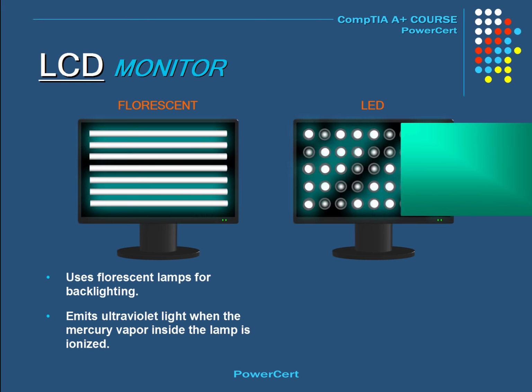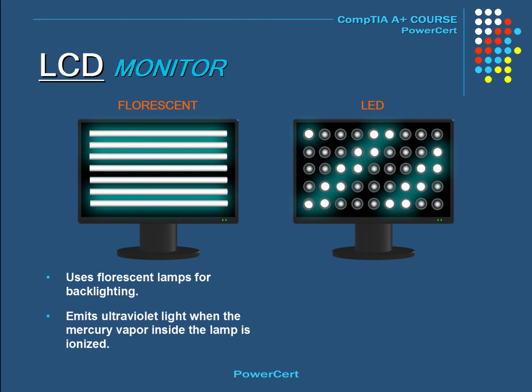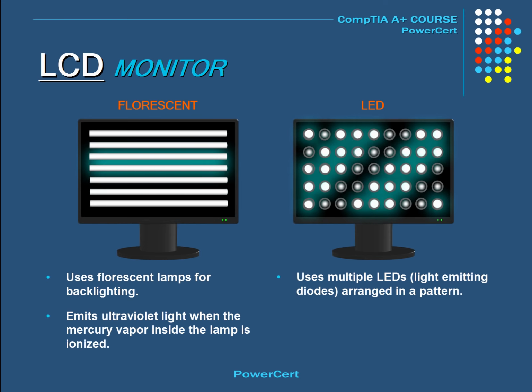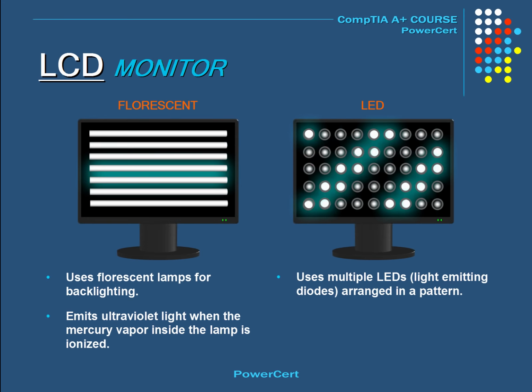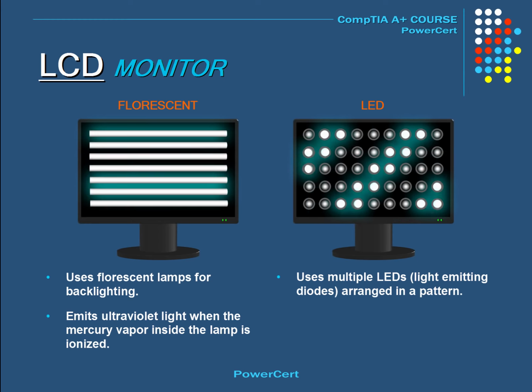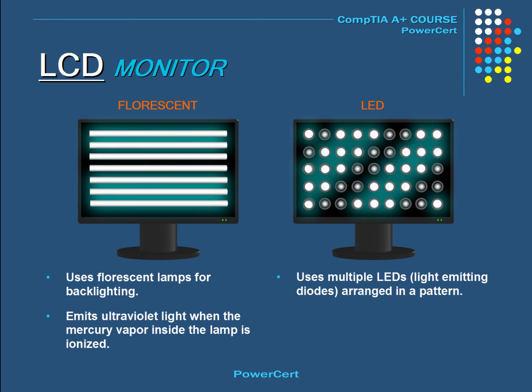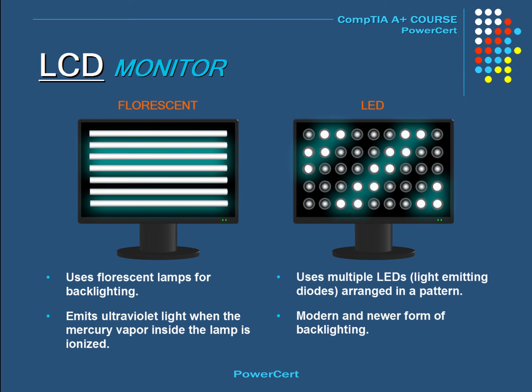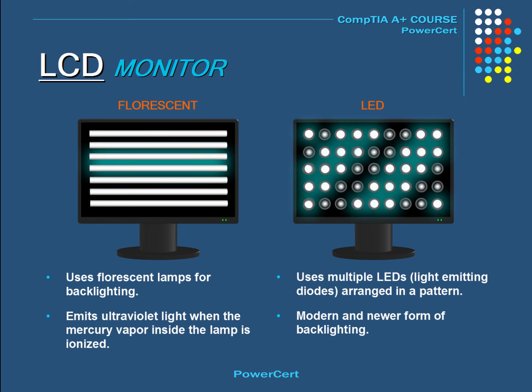And another type of backlighting that LCD monitors use is LED. LED monitors use multiple light-emitting diodes that are arranged in a pattern that displays the images on the screen. Now this is a more modern form of backlighting compared to fluorescent lamp backlighting.